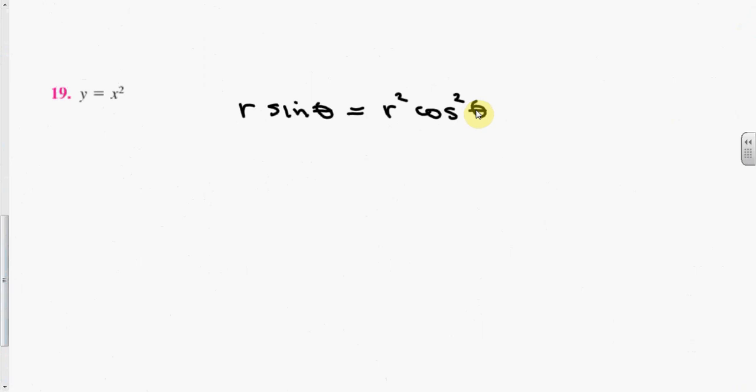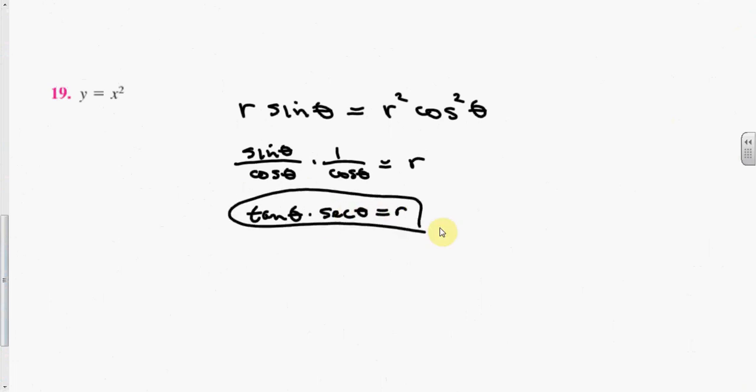You can divide through by an r, so divide out one r if you want, and then you can divide through by that cosine squared theta, and so you have sine theta over cosine theta times 1 over cosine theta is equal to r. So that's tangent theta times secant theta is equal to r.